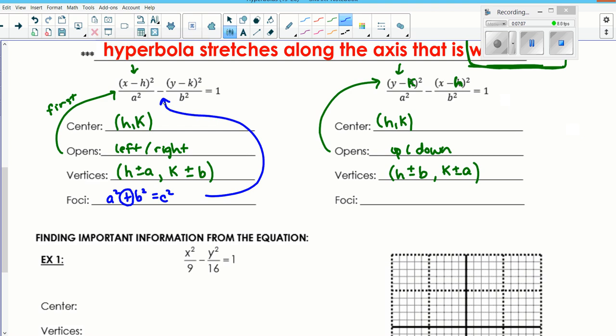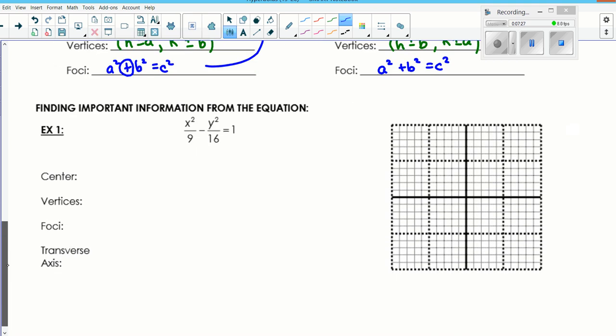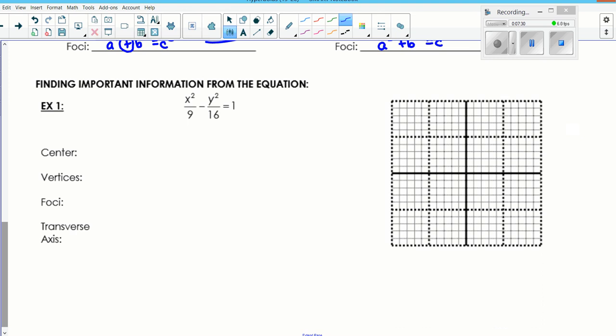Yesterday there was a plus sign in the equation, which is why we used a minus sign for the foci, so it flips. Same thing over here: a squared plus b squared equals c squared. It doesn't matter that my a and b are in the same places, because once I add, okay. So let's work through a couple problems here, talking through all of it.